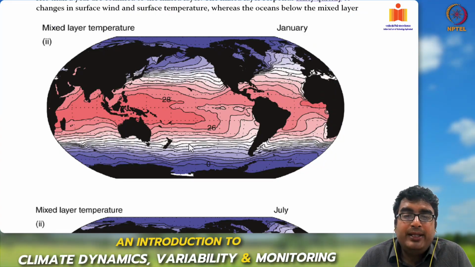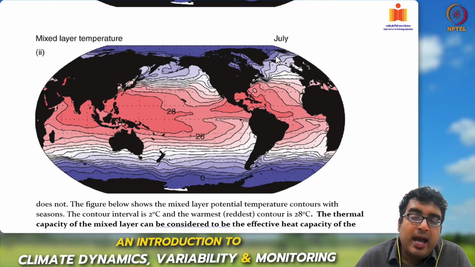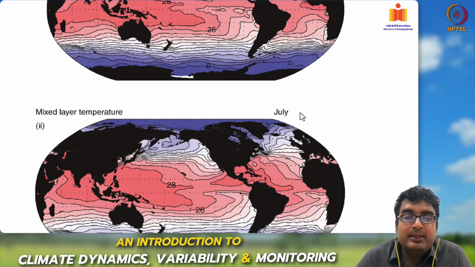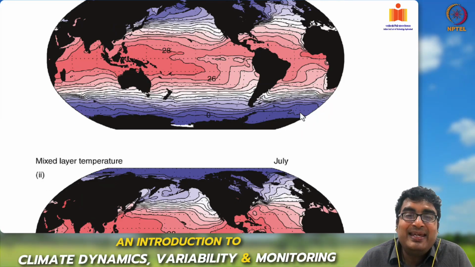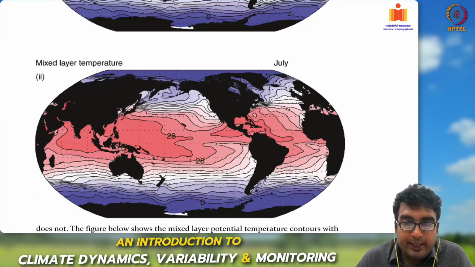Here we are showing the potential temperature contours of the mixed layer in the month of January, which is northern hemisphere winter, and in the month of July, which is northern hemisphere summer. We see that in the equator and the subtropical belts, the temperatures do not vary significantly between January and July.